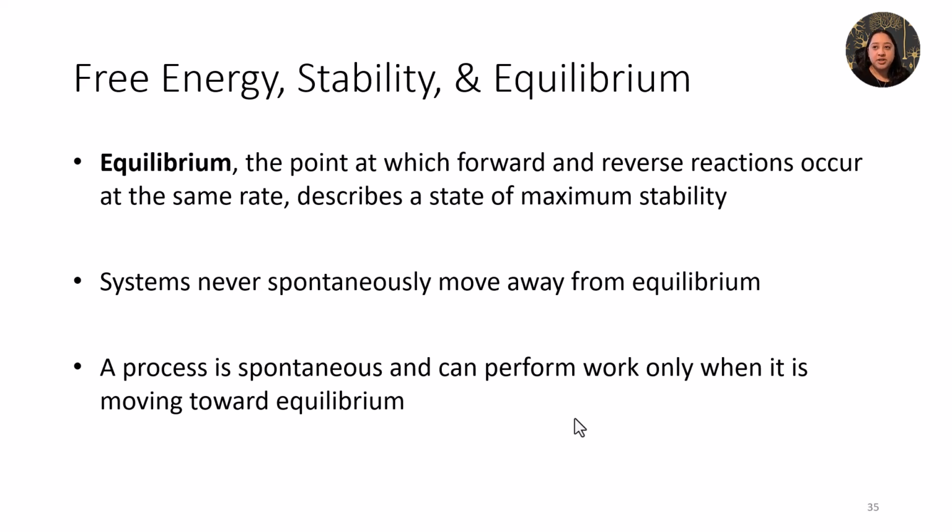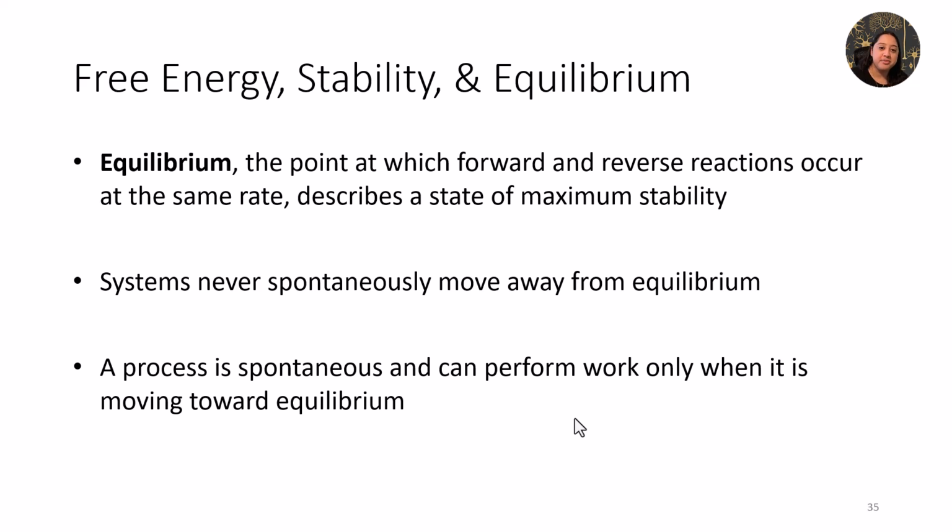So, coming back to chemical reactions, equilibrium is the point at which forward and reverse reactions happen at the same rate. So it's not like the forward reaction is happening more than the backward or reverse one. Equilibrium is when they're both happening at the same rate.